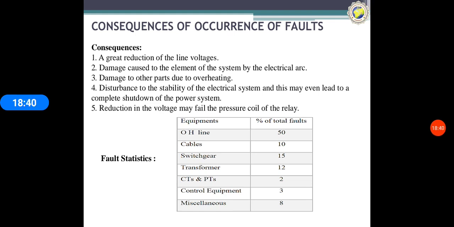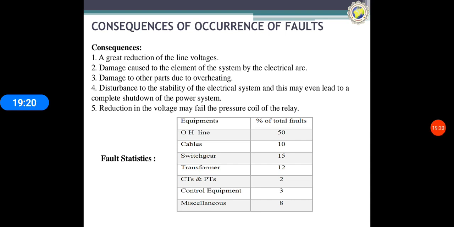Here you can see that the overhead line has 50% of the faults. Similarly for cables, generally breakdown or cracks of the cables, there is only a 10 percent possibility of fault. Similarly the switchgear is 50%, transformer is 12%, CT and PT is 2%, control equipment is 3%, and other miscellaneous is 8%.